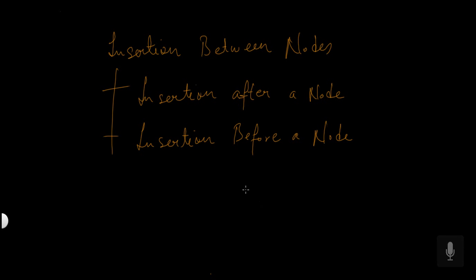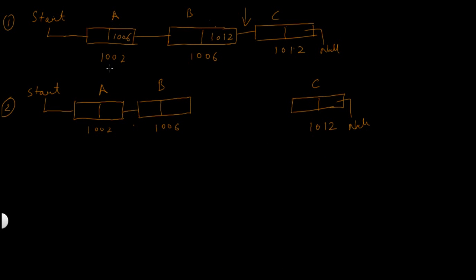Now insertion between nodes is of two types: insertion after a given node and insertion before a given node. Now let's say there are three nodes and I have named them node A, node B and node C. Now let's say I want to add a node after node B. So a new node will be added here between node B and node C. So let's say a new node is created and its address is 1009.